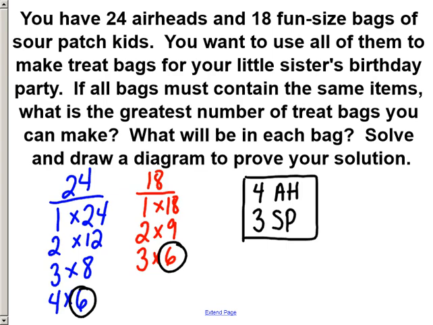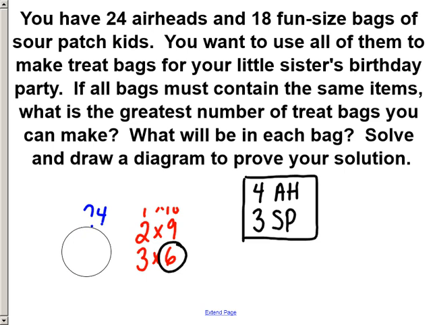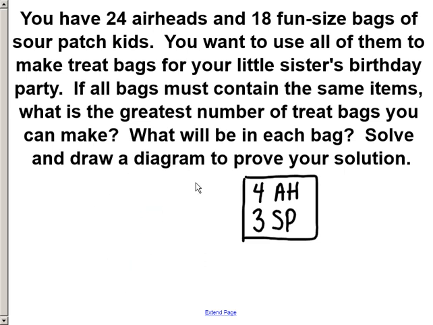Now I want to go back to our original problem. Our original problem, we now hopefully realize really is asking for the greatest common factor of 24 and 18. So I could absolutely use this listing method, which is essentially what I've shown here with writing the multiplication tables. However, if I do it with our upside down division, or we call it ladder or tic-tac-toe, I want you to notice something.